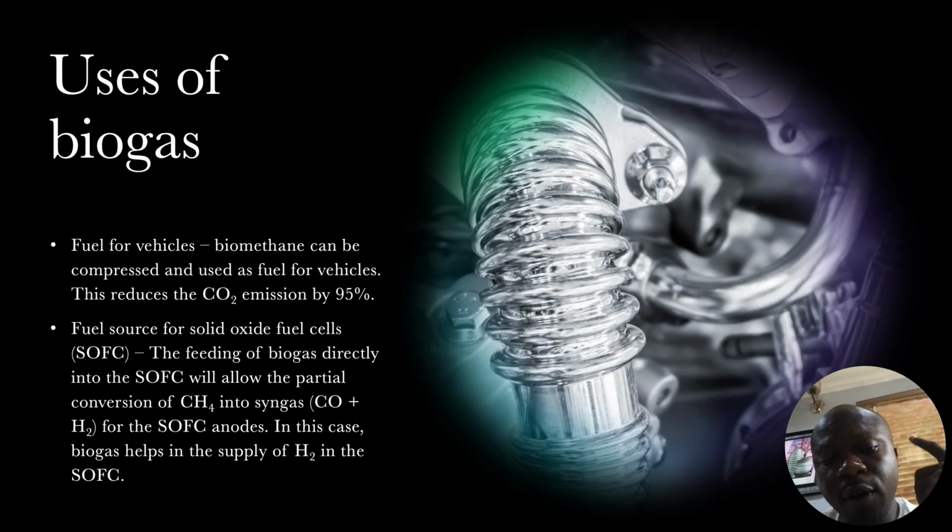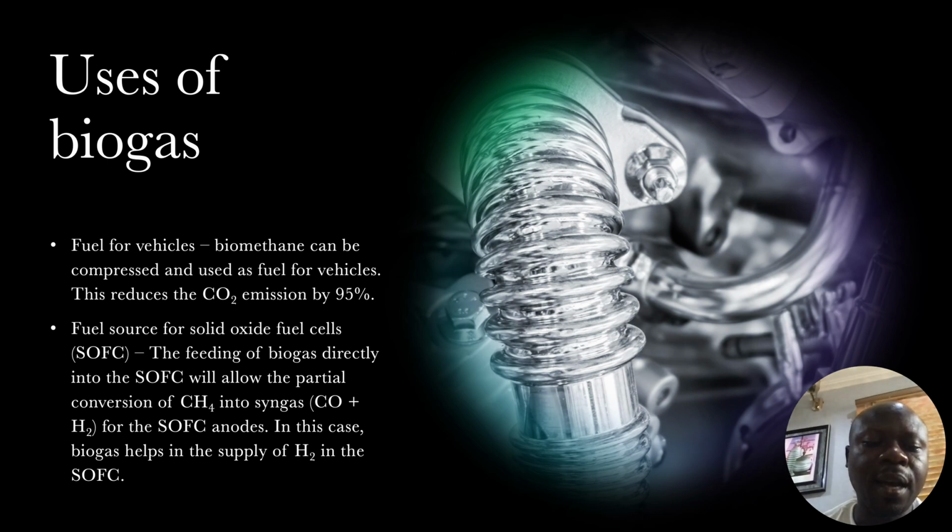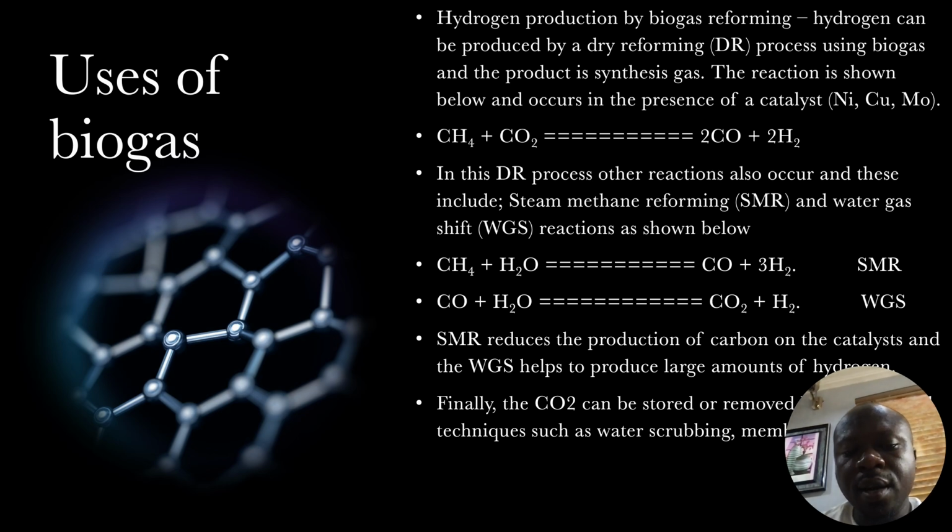Biomethane can be compressed and used as fuel for vehicles. It's also a source of fuel for our solid oxide fuel cells. It helps to produce the methane, carbon monoxide and hydrogen needed for the anodes of the solid oxide fuel cells. These are various uses of biogas.